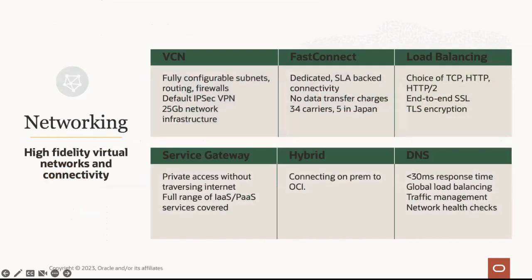So we sort of foreshadowed a lot of this, but essentially you have a fully configurable system with subnets, routing, and firewalls. You have multiple ways of getting in, either through direct connect or VPN. You have load balancers, both north and south, outside of the edge as well as internally, and you can choose to judge the health of your backend servers through multiple methodologies that are listed there. Your service gateway is a nice little trick.